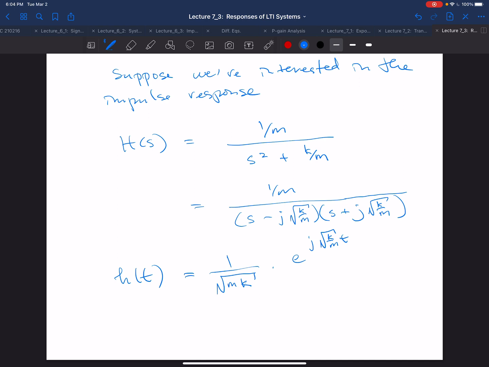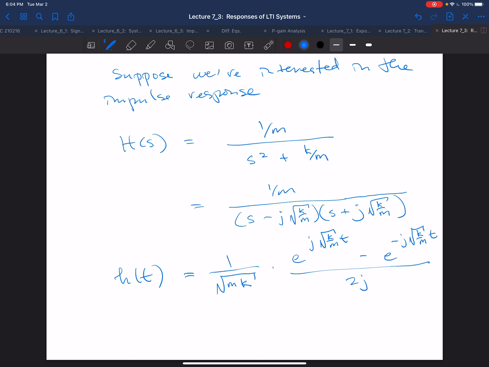This corresponds to the first of our poles in our factorization, minus e to the minus j times the square root of k over m t, and that'll all be divided by 2j. So in fact, this is a sinusoid here. This is a sine.